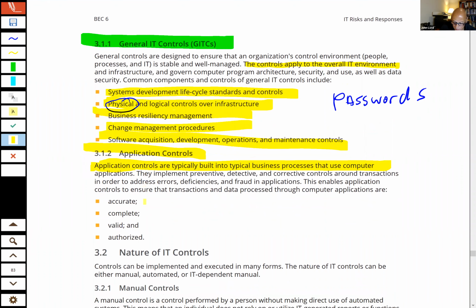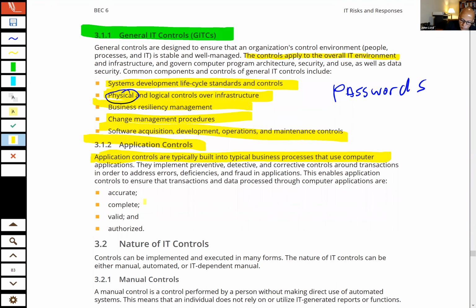Now, which one do you think is more important? Which one do you think affects the other more? Do you think that the general controls affect the application controls, or the application controls affect the general controls? General control is more important. Yeah, often what will happen is an entity will say, well, the application controls are okay, but you have some general control problems.